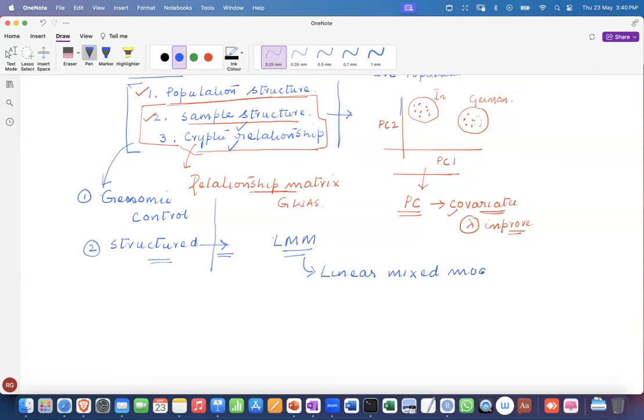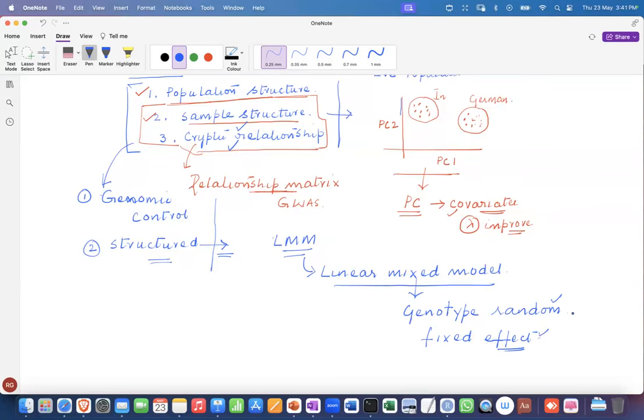We are not talking about this in detail, but anyway, models we have already considered, where you know that the genotype is considered as a random effect, and all the parameters, the population structure and all, are considered as fixed effects. So why do you call them mixed models? Because you have both random effects and fixed effects.